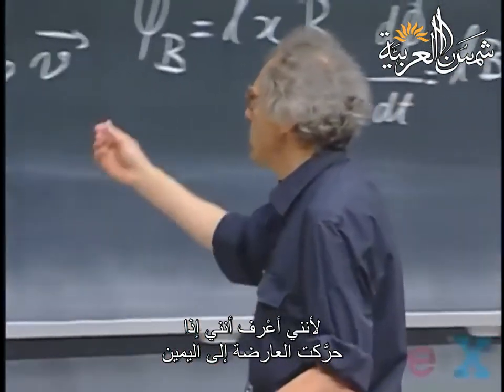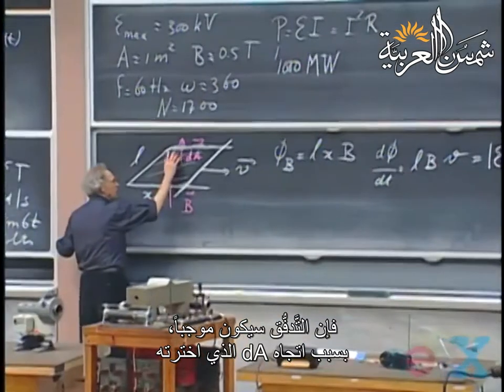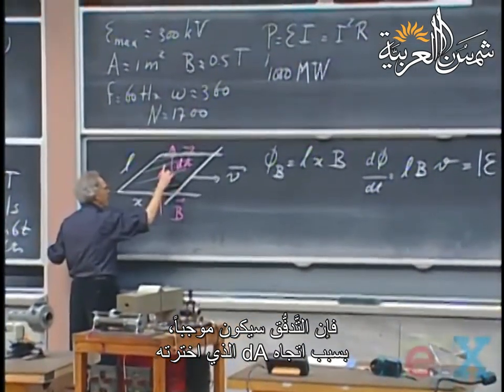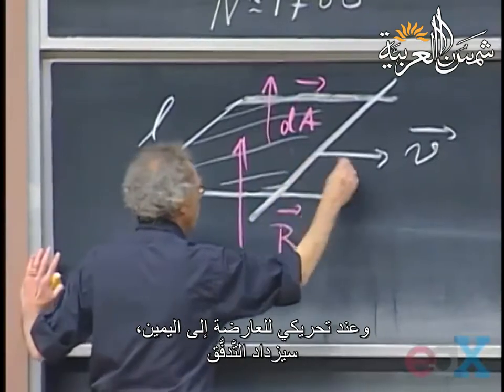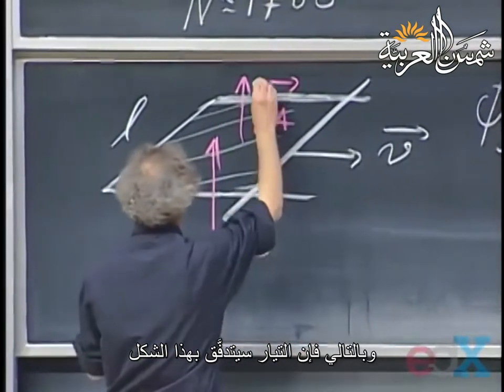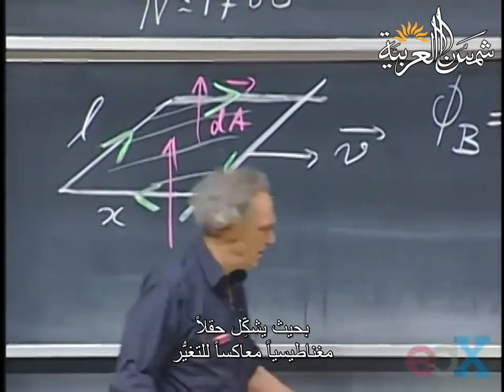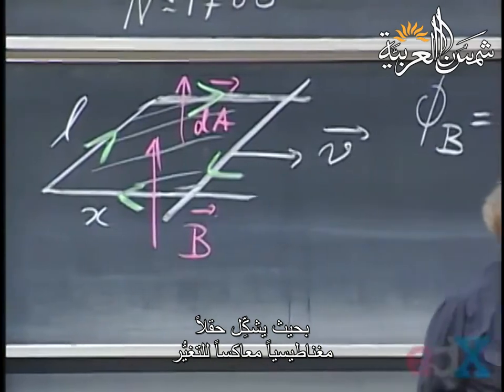Because I know if I move this to the right, the flux is positive, the way I have chosen my dA. And as I move it to the right, that flux is increasing. And so I know that the current is going to run like this, which then creates a magnetic field that opposes the change.